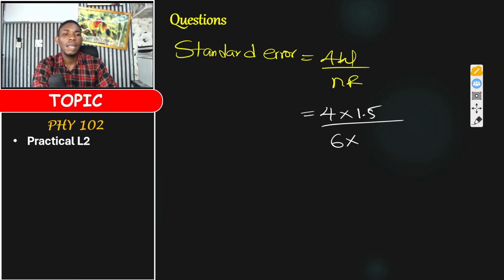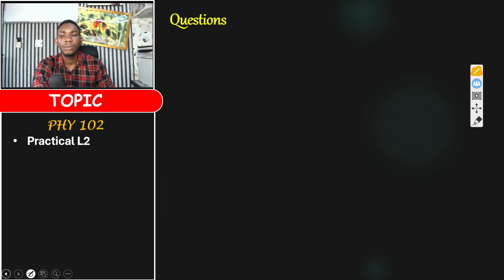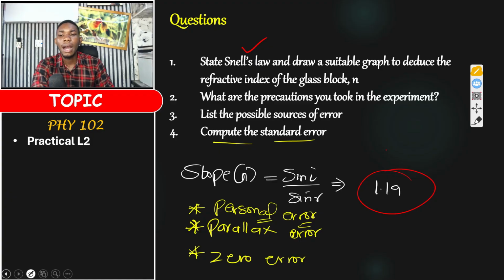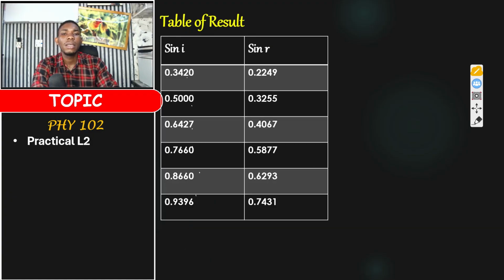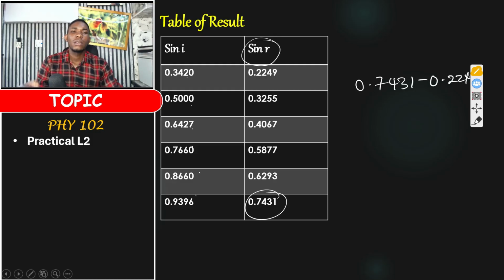So we have 6 times the range of value, the horizontal range. What is on the horizontal as a sign arrow? The horizontal range is the highest value minus the lower value, which is 0.7431 minus 0.2249.